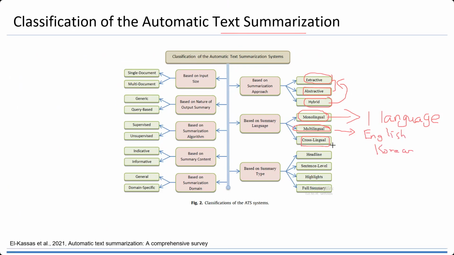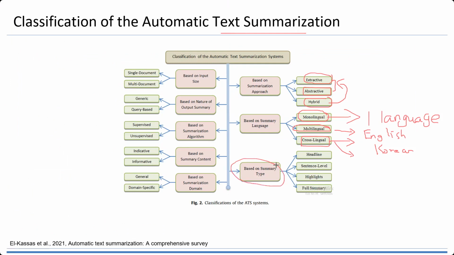Cross-lingual means when you want to summarize a paper, let's say a notebook. You have one paper and you want to summarize the paper and write the summary in Korean. Then it is cross-lingual.